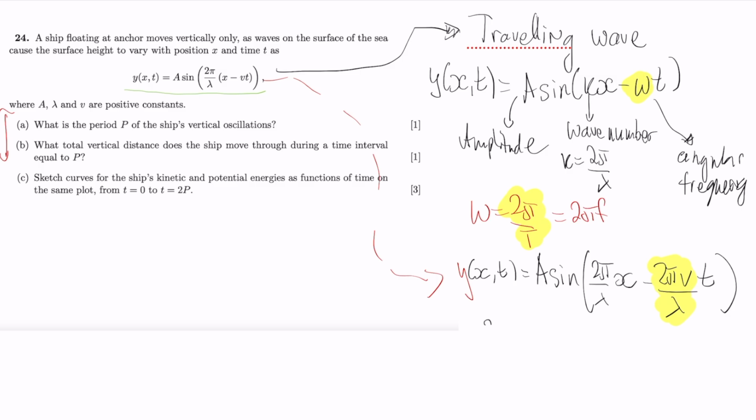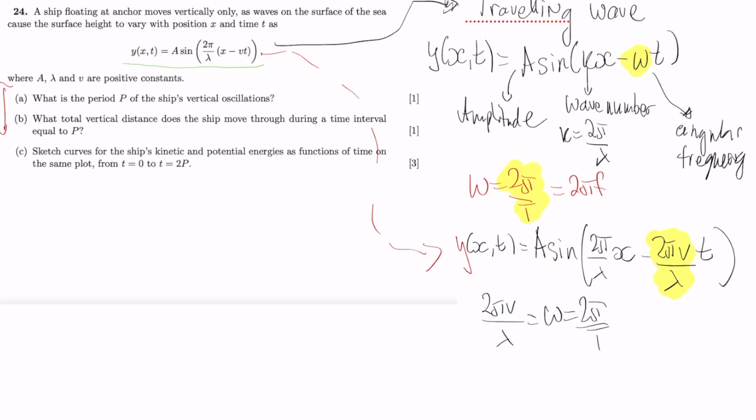We can say that 2 pi v divided by lambda is equal to omega, which is equal to 2 pi divided by the time period. Focusing on the furthest left and furthest right, the 2 pi's are going to cancel, and we know that v over lambda is 1 over the time period, meaning the time period is just going to be lambda over v.